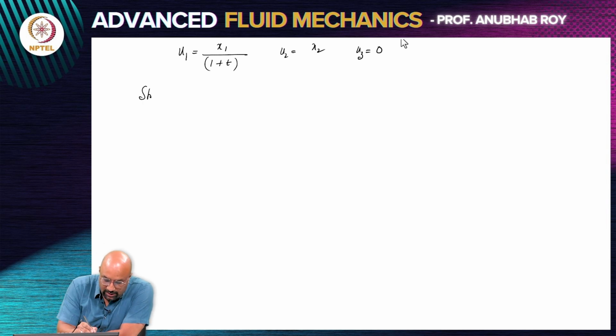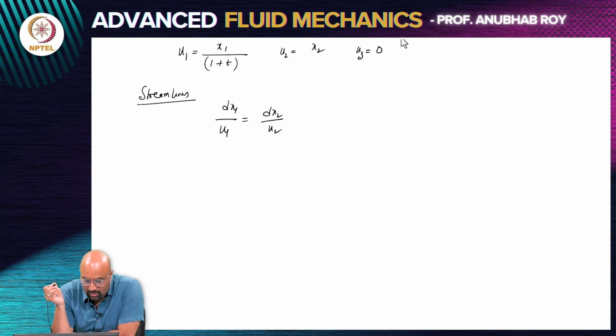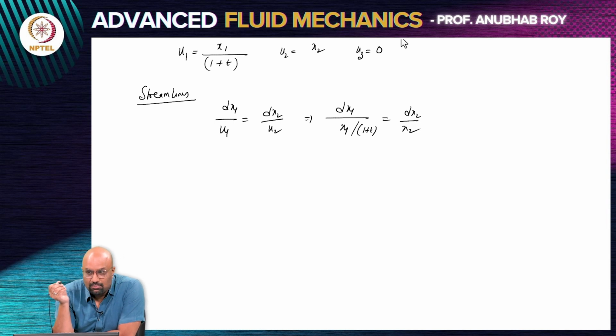So, let us do streamlines. Streamlines require us to solve the equation dx1/u1 equals dx2/u2, which says that I will need to have this as my equation.